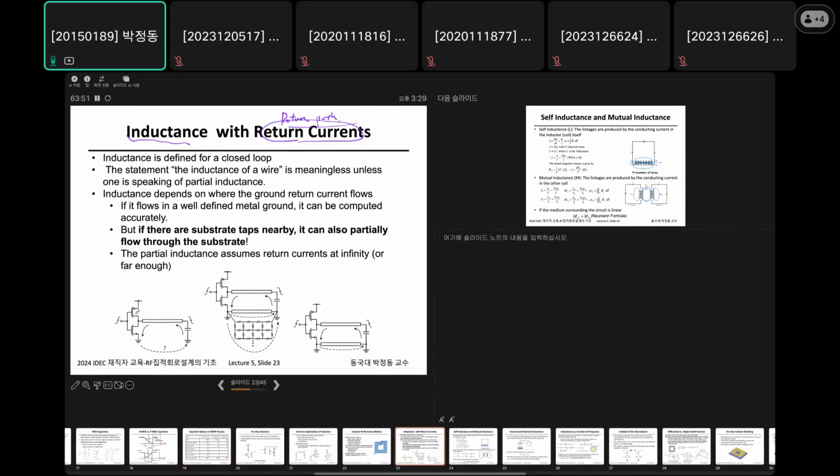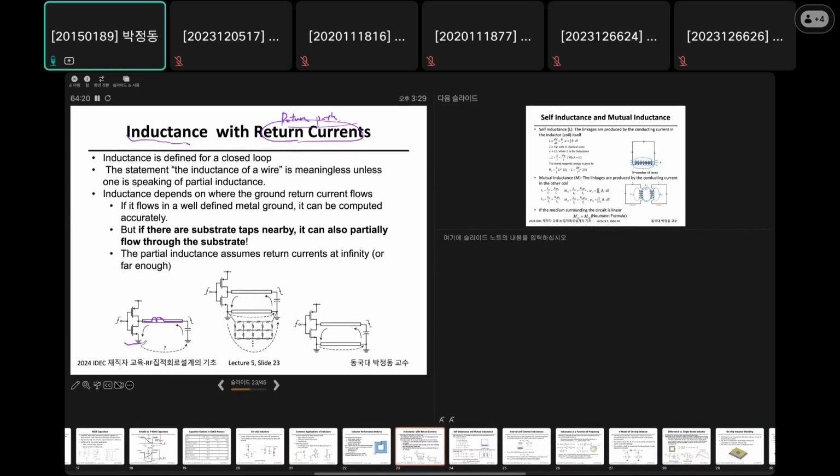Let's say the inductor is placed like this. Let's say this is the inductor. Throughout this inductor, actually, this is a routing line, which is the inductor. Throughout this inductor, this inverter is driving this capacitor. Okay, that's fine. What is the problem?